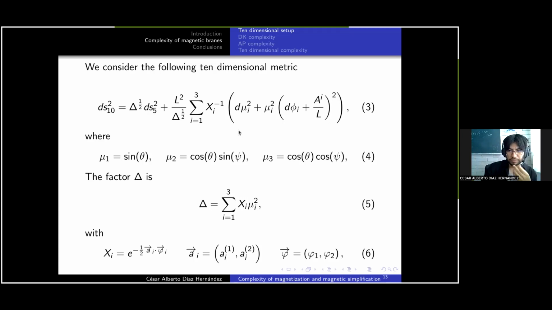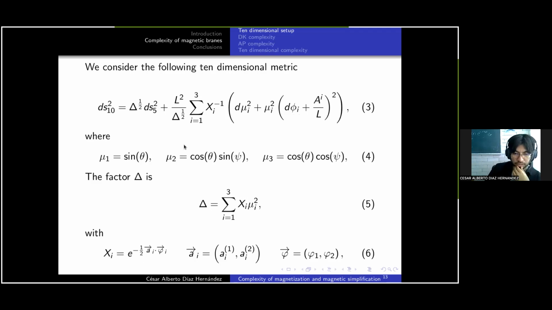And here we have the extra dimensions of the compact manifold in 5 dimensions. That is usually a sphere. So we will have 5 directions here: the theta direction, the psi direction, and other 3 angles, which are the 5 directions.